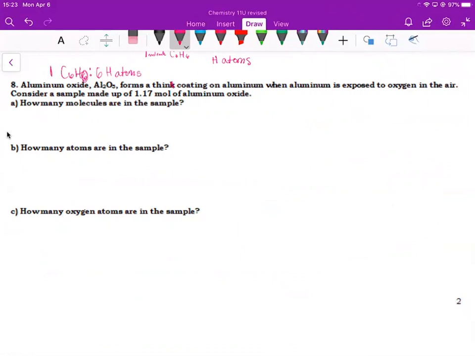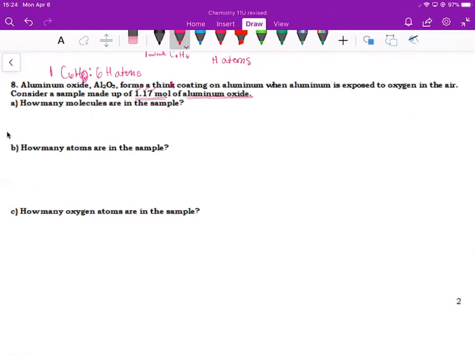Consider a sample made up of 1.17 moles of aluminum oxide. How many molecules are in the sample? The information that they gave us has 1, 2, 3 significant digits.